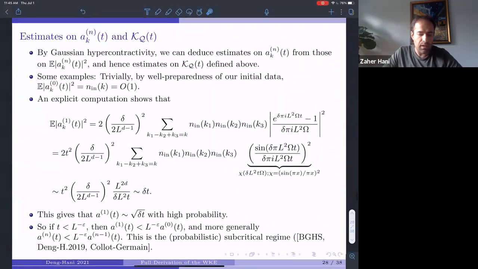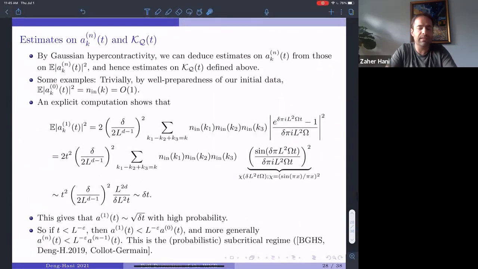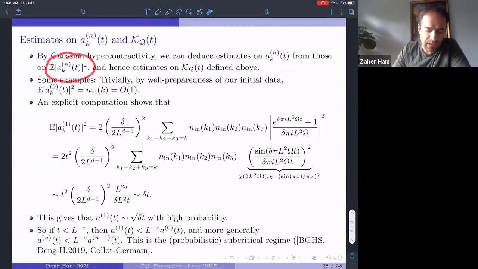So first of all, in the proof we will need to estimate the nth iterates, and we will need to estimate the expected value of AK squared. But it turns out that estimating the expected value of the nth iterate squared is enough to get estimates for the nth iterate by Gaussian hypercontractivity, which tells you that the size of this is essentially, with high probability, dictated by the size of its variance.